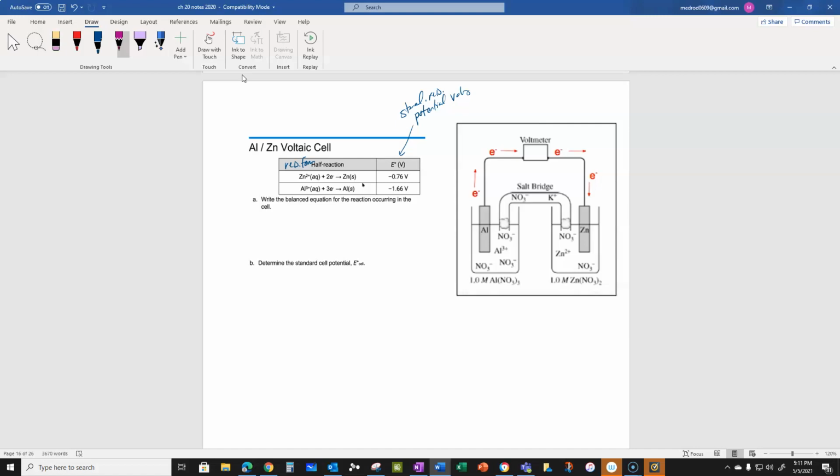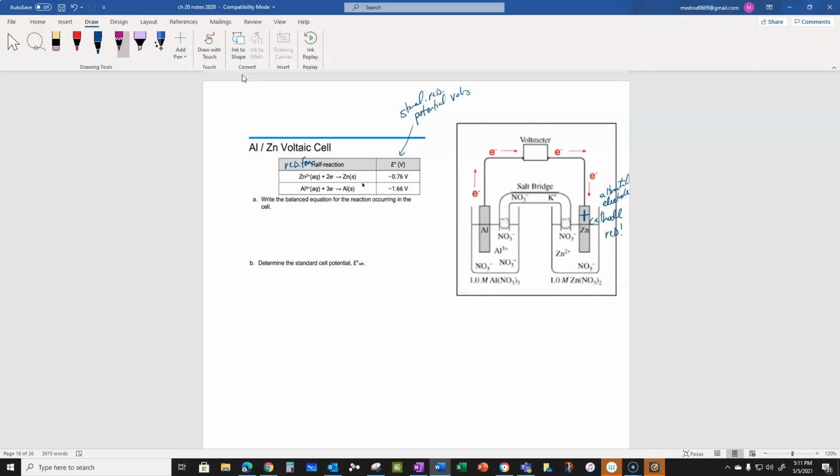So if you notice, these electrons are traveling over on this side, and that must mean that they are attracted to this electrode. And that should tell you that this electrode must be a positive electrode. And we call that the cathode, which means this is where reduction occurs.